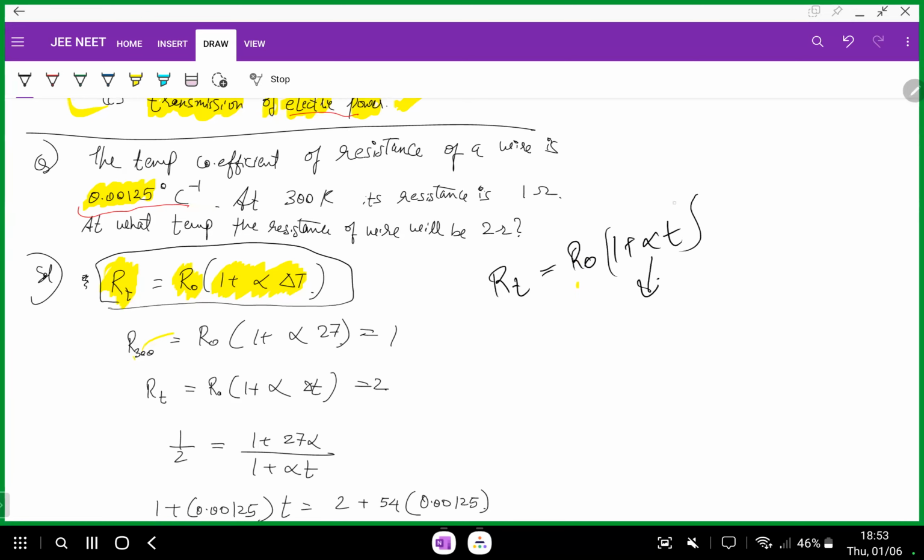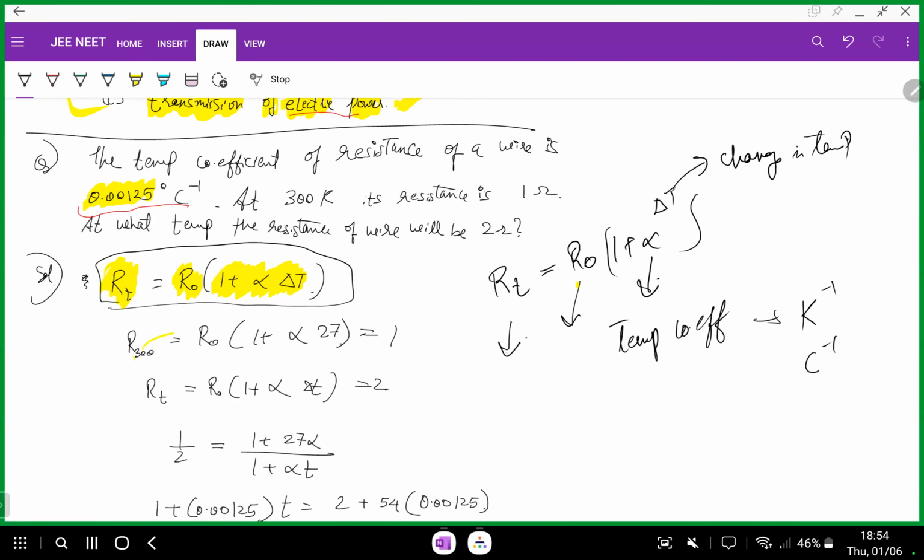Here T is not just this T, it is delta T, that means the change in temperature. This is the temperature coefficient, which will be in terms of inverse Kelvin or inverse centigrade. R naught is the resistance at 0 degree, and RT at some particular temperature.